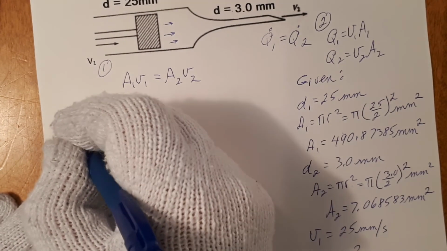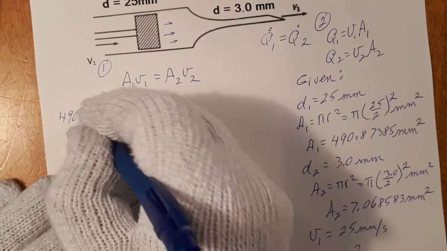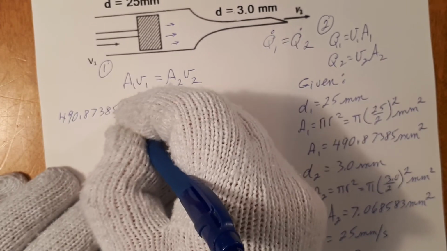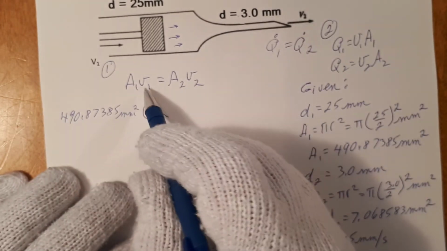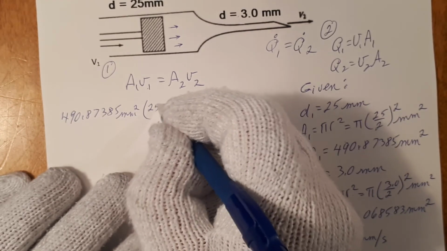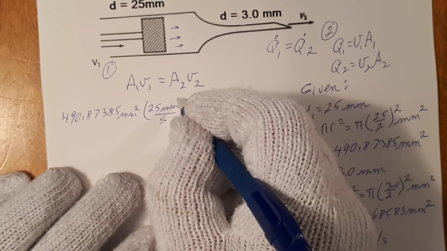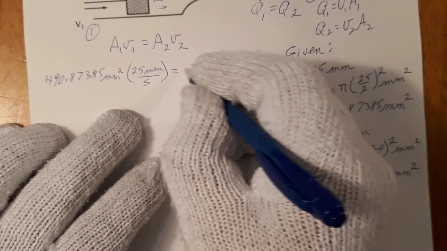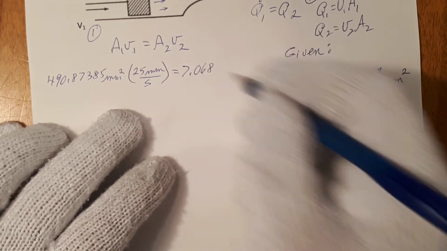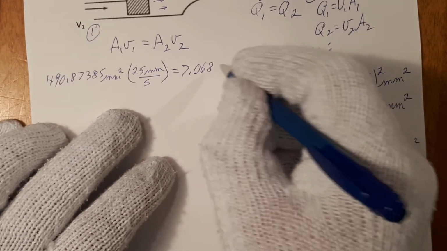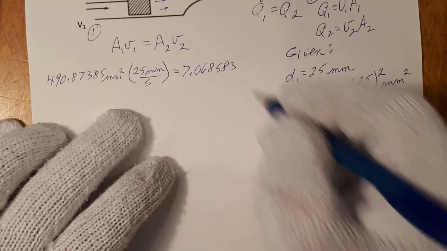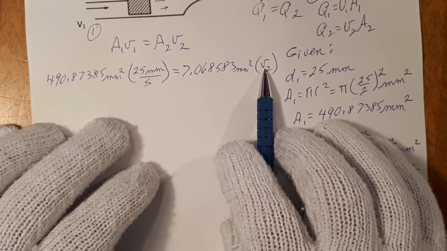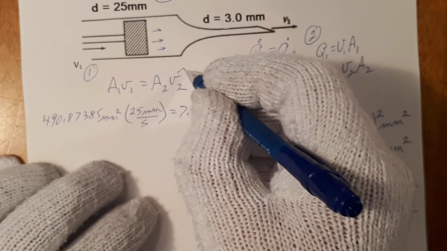There are other ways to solve this, mathematically that is, without having to do this in the calculator first, but we'll take this route. 490.87385 millimeters squared times the velocity of 1, which is given to us as 25 millimeters per second, is equal to A2, which is this term, 7.068583 millimeters squared, times velocity 2. This little v right here represents velocity.